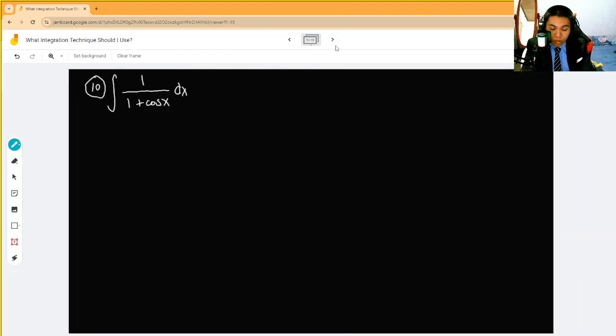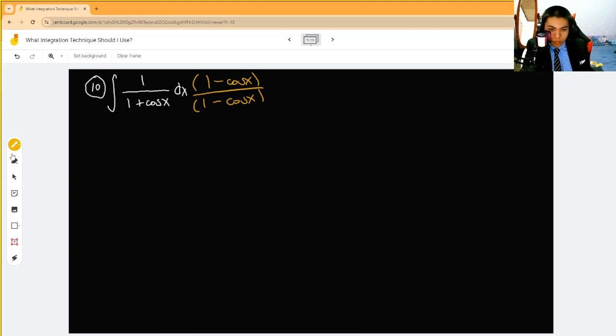Now we are on number 10. Again, we're multiplying by the conjugate of the function. So we are multiplying by 1 minus cosine x over 1 minus cosine x.